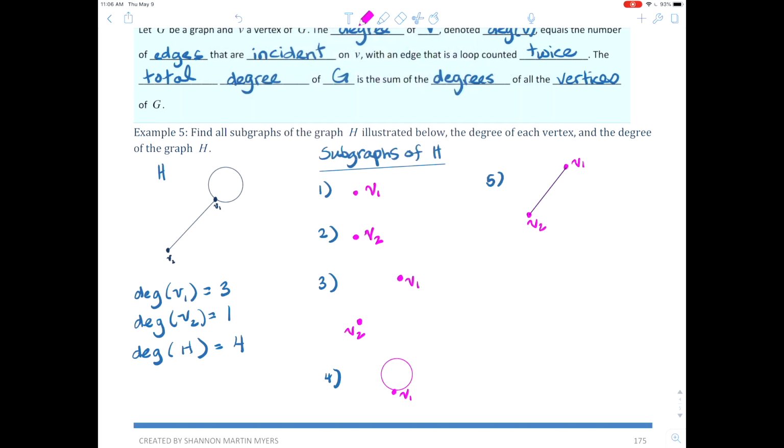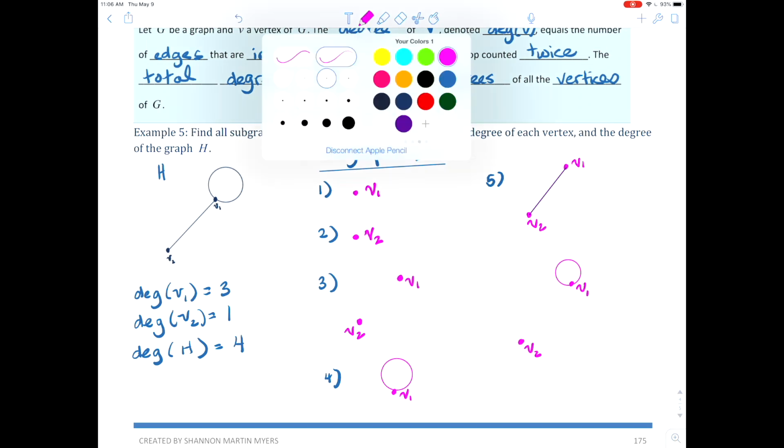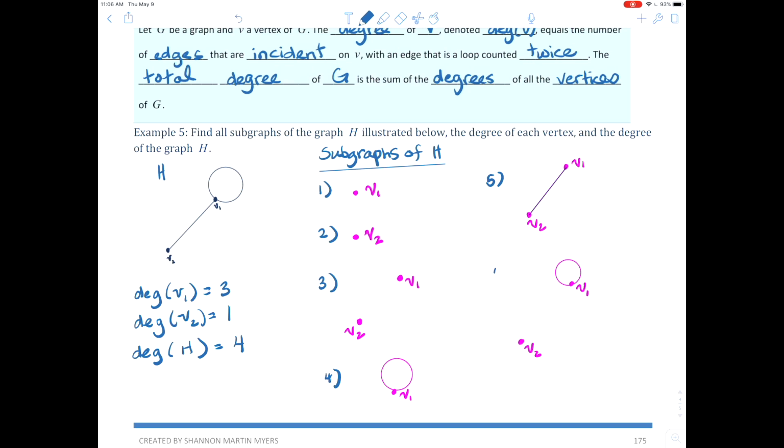What else do you think? I could have V1, I could have V2 not connected, and then I could have the loop around V1, right? So that would be number 6.